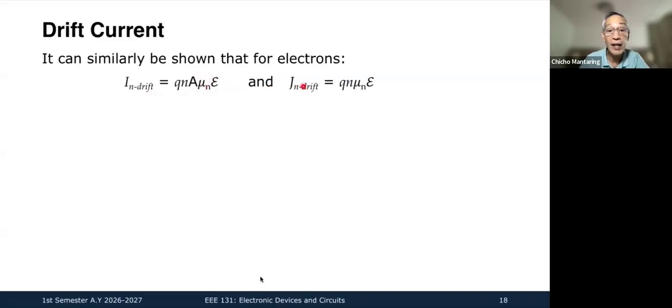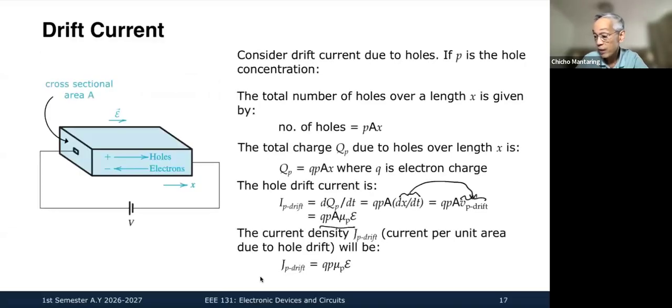And then if I get the current density due to electrons, I just have to divide both sides by A. So this is my current density due to electrons. So note, I have current due to holes along the x direction. I have electrons flowing opposite the x direction, but that will also contribute current.